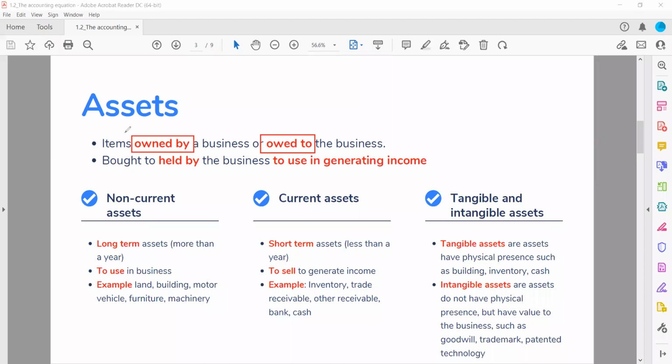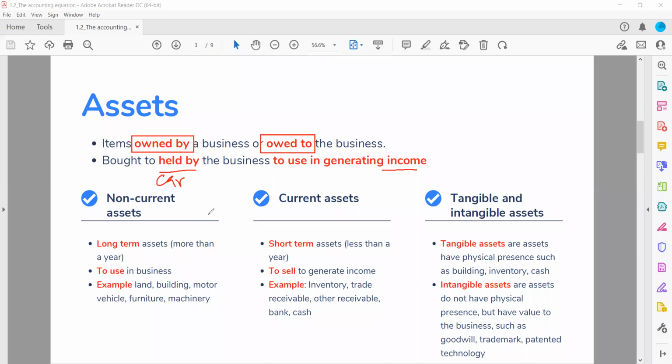Next, an asset also is bought to be held by the business to use in generating the income. Like for example, your car. The car you buy is not intended to sell, but for you to use it in the business to generate the income. So that is one of the examples. Car, motor vehicle is an asset.